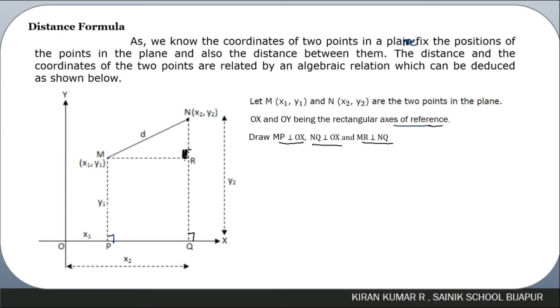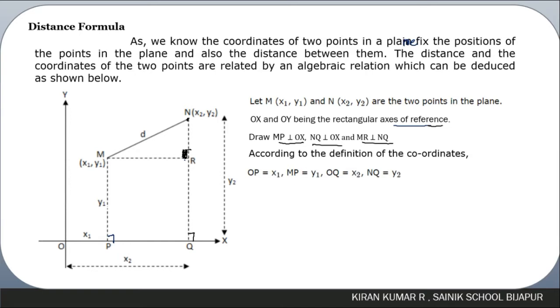According to the definition of coordinates, OP is x1 units, MP is y1 units, OQ is x2 units, NQ is y2 units. Here we require the length of MR, which is nothing but the length of PQ, which is also the same as OQ minus OP.